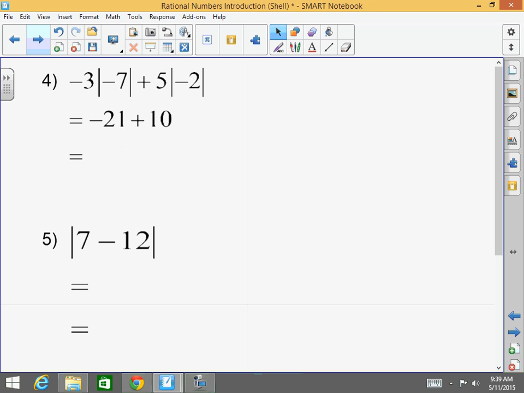So this gives me negative 21 plus 10, which gives me negative 11. Why, Mr. Morrow? Well, I have negative 3 times the absolute value of negative 7, which is 7, plus 5 times the absolute value of negative 2, which is 2. Negative 3 times 7 is negative 21, plus 5 times 2 is 10. That's negative 11, and you're golden.